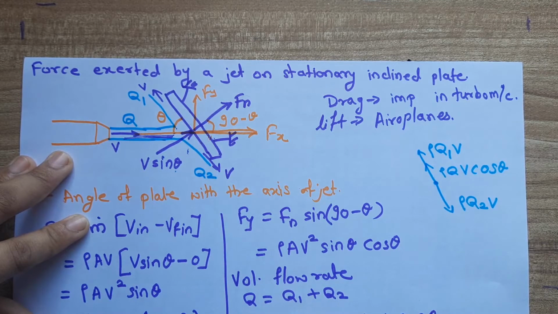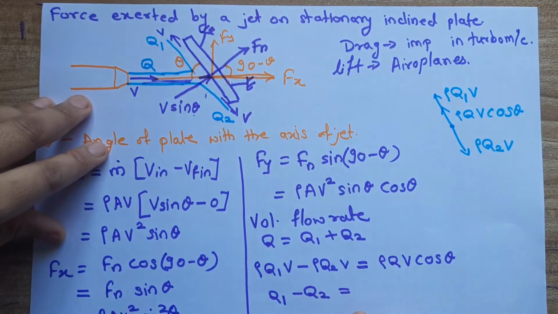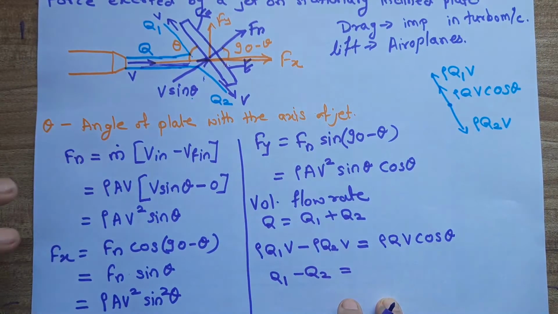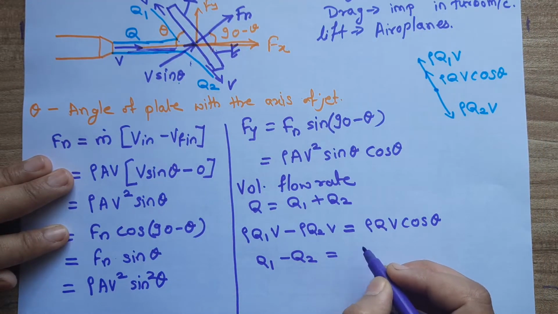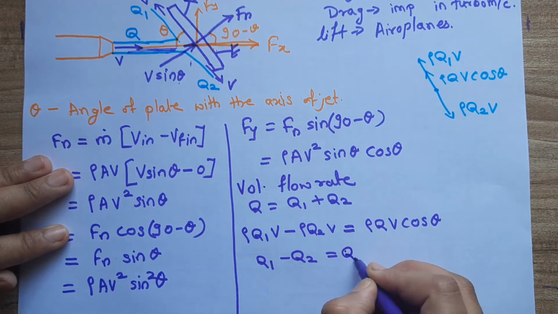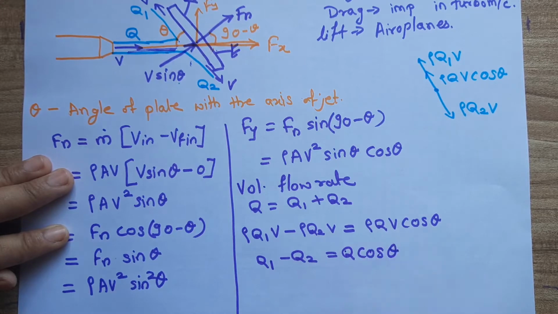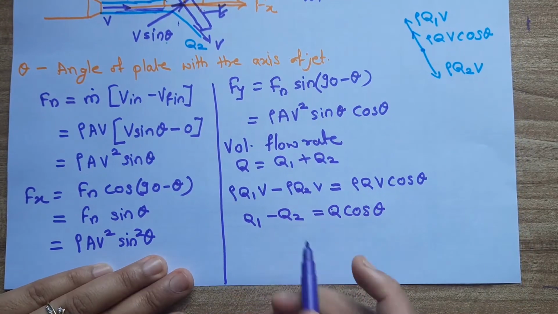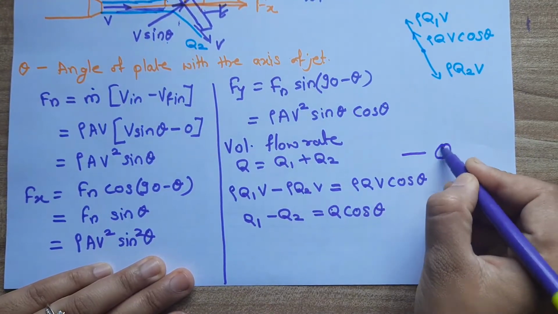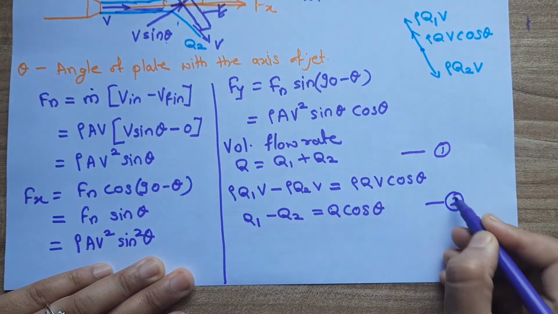By cancelling rho and V, we get Q1 minus Q2 equal to Q cos theta. Let's say this is equation 1 and this is equation 2.